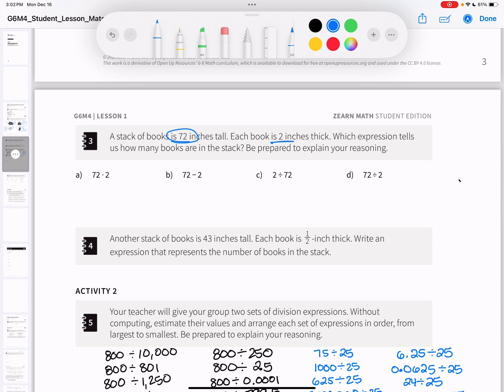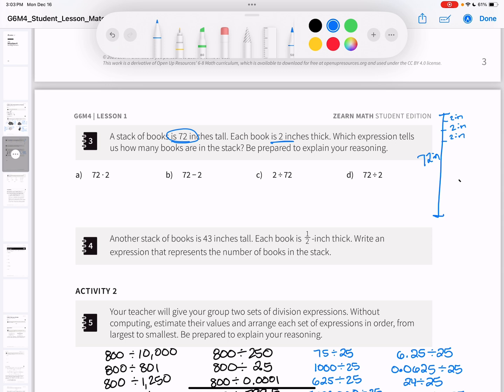So now we have to decide which expression tells us how many books are in the stack. If we have a total of 72 inches, and we know each book in there is 2 inches, we need to see how many 2 inches there are in that 72-inch stack.